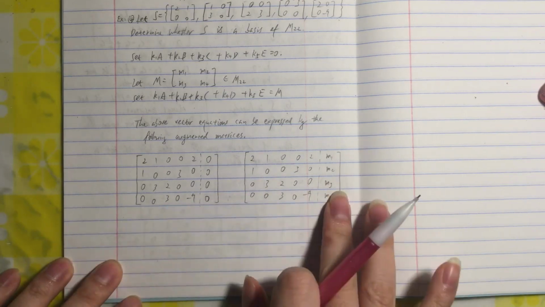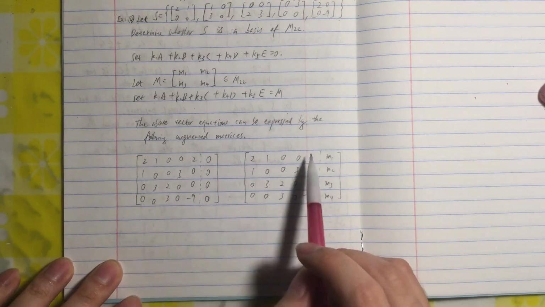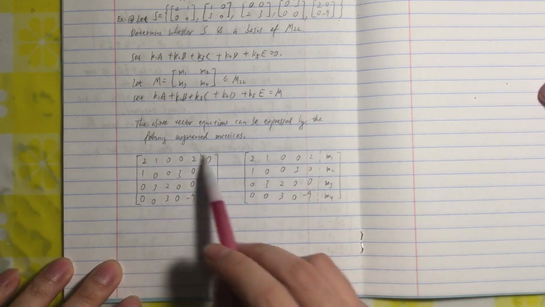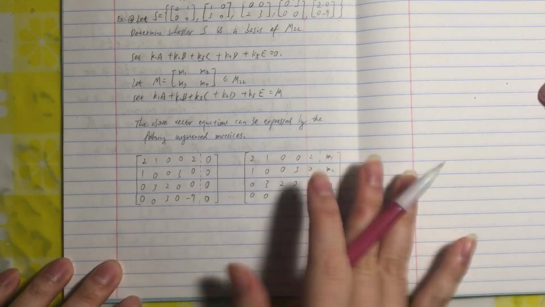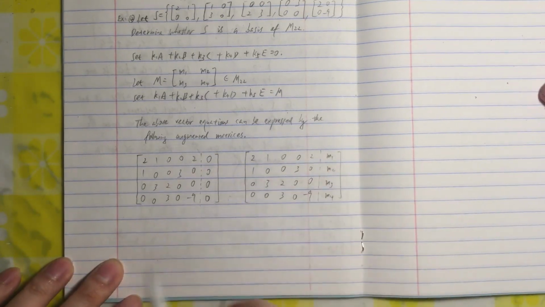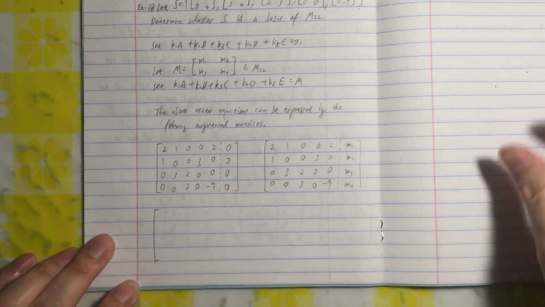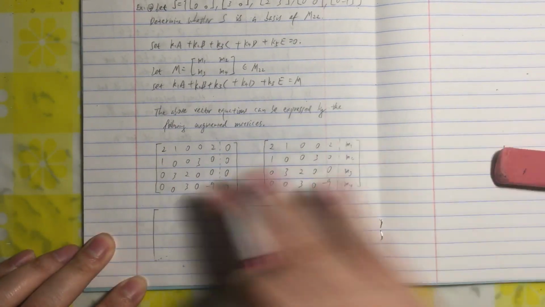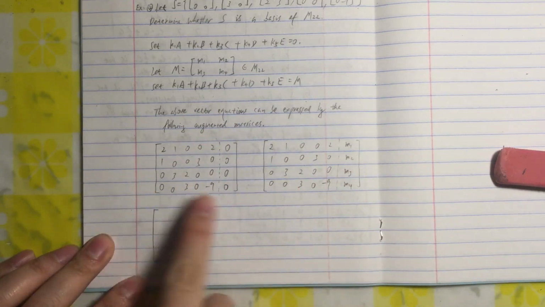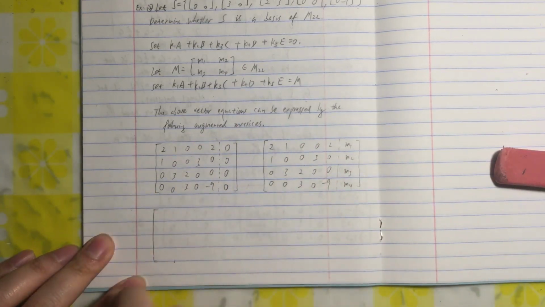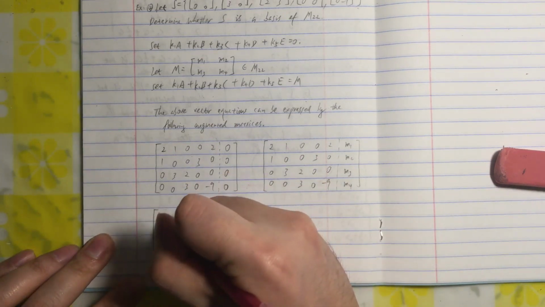Since in both matrices the entries before the constant, before the last column, look exactly the same, instead of solving two matrices, we can combine the two matrices together and solve one matrix.